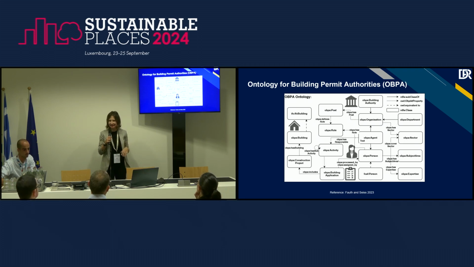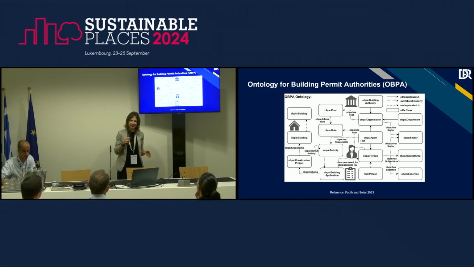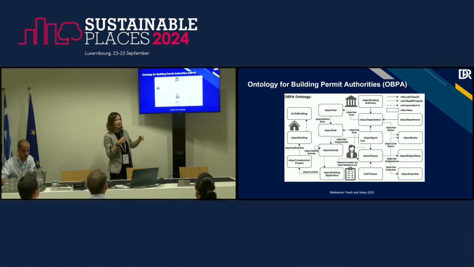Different countries handle that differently, so they divide into complex buildings and smaller buildings. In some countries, you have special qualifications and competencies you have to achieve before you can check a specific type of building. So this ontology can help you with the process, to find the most suitable officer, and it is flexible enough to also cover some local requirements.